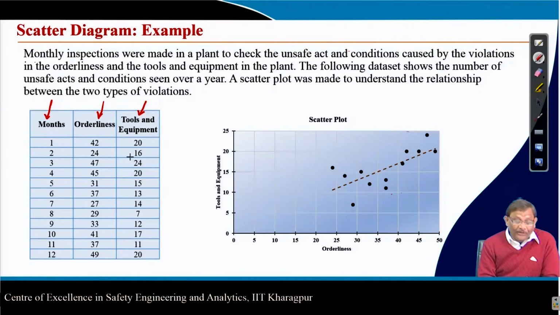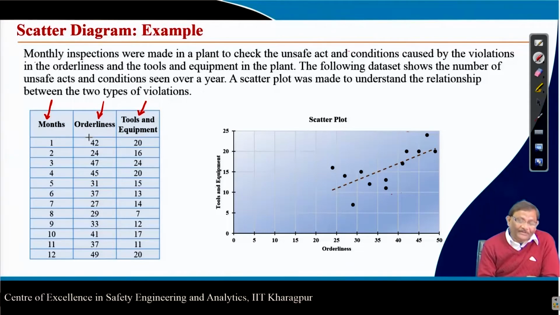The column 2 and column 3 numeric values are nothing but basically number of unsafe acts and conditions observed in different months based on certain inspections and under orderliness and tools and equipment use point of view.